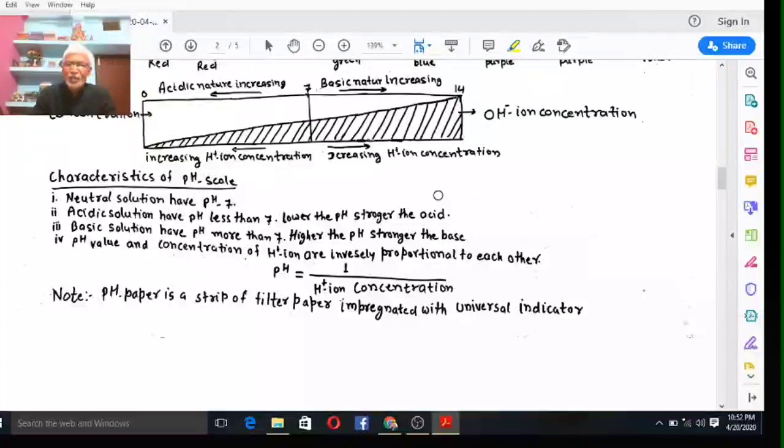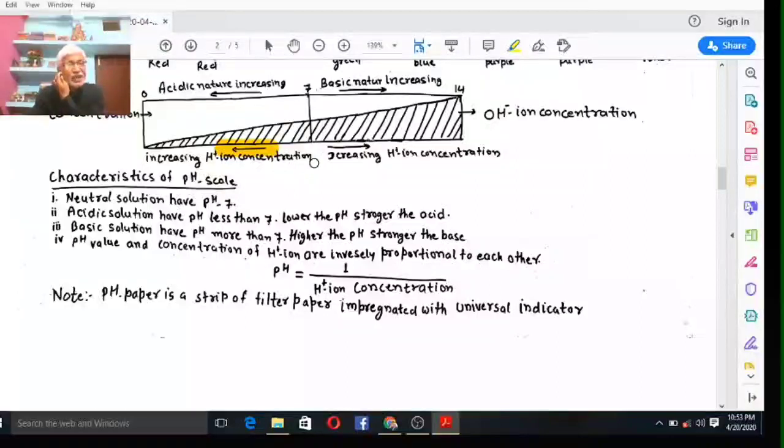If we observe this, as we move from 0 to 14, the concentration of hydrogen decreases and the concentration of hydroxide increases.